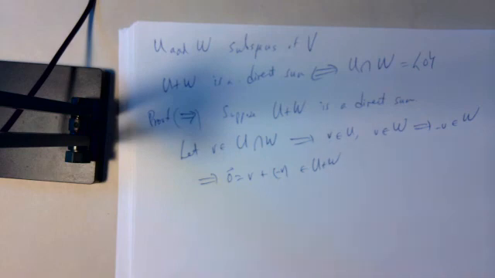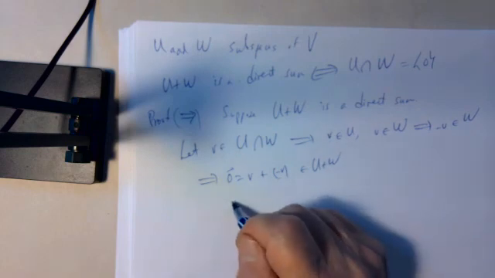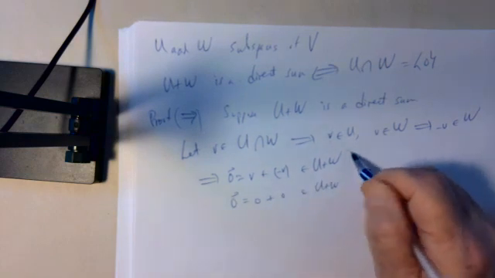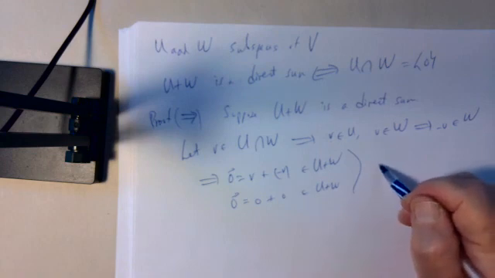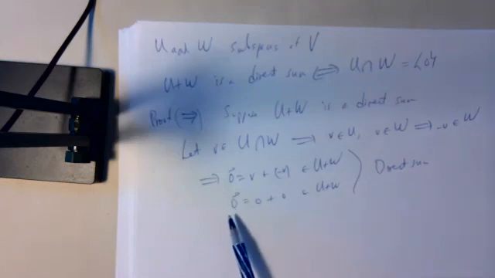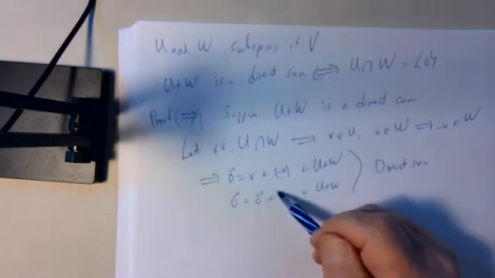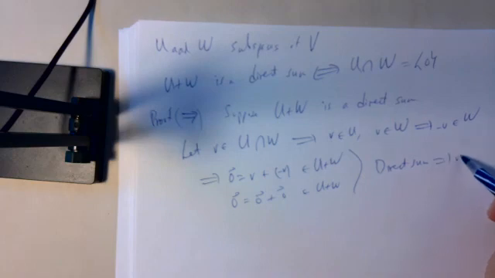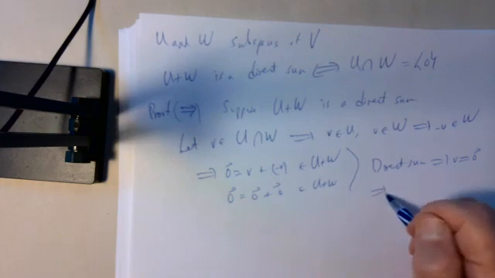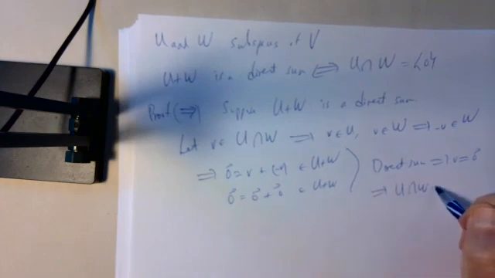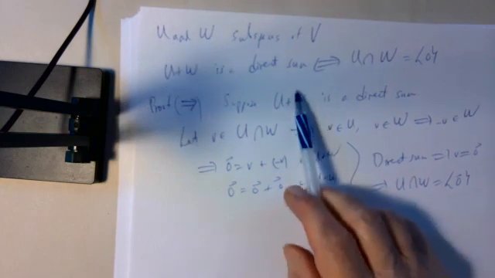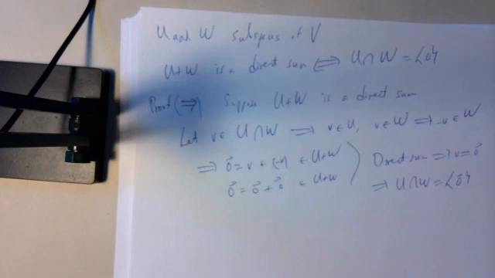But we also have 0 is 0 plus 0. So the fact that we have a direct sum means there's only one way to write the 0 vector. So v has to be the 0 vector. So the only vector in U intersect W is the 0 vector. So if the sum is direct, the intersection is 0.